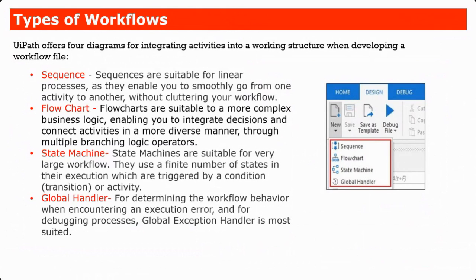There will be some tasks which require you to go into multiple branching using the logical operators, right? So there are 4 ways of designing a workflow in UiPath, which is sequence, flowchart, state machine, and global handler. Sequence is one which is used for almost any process where you need to go from one step to another step without cluttering your workflow, right?